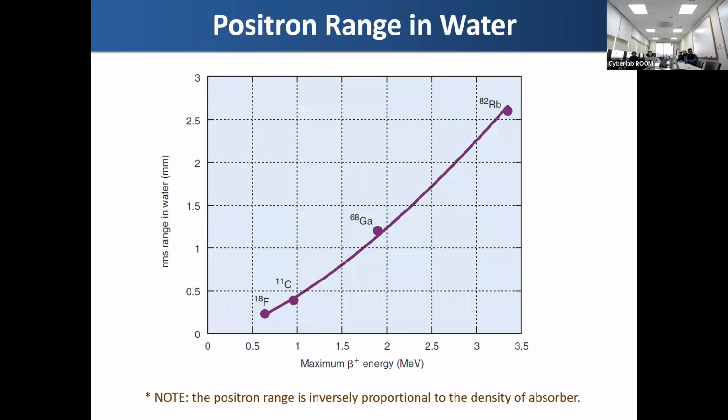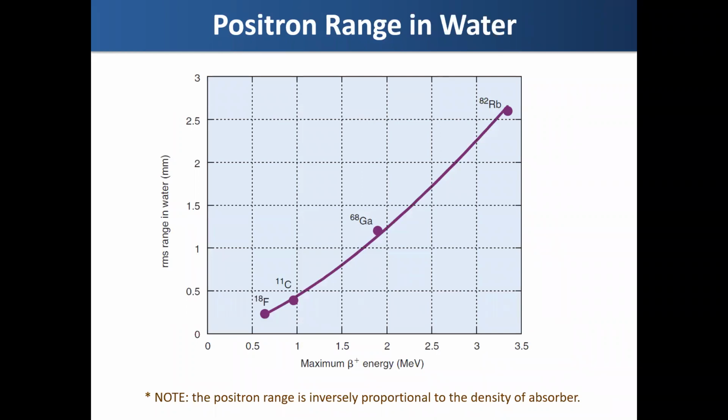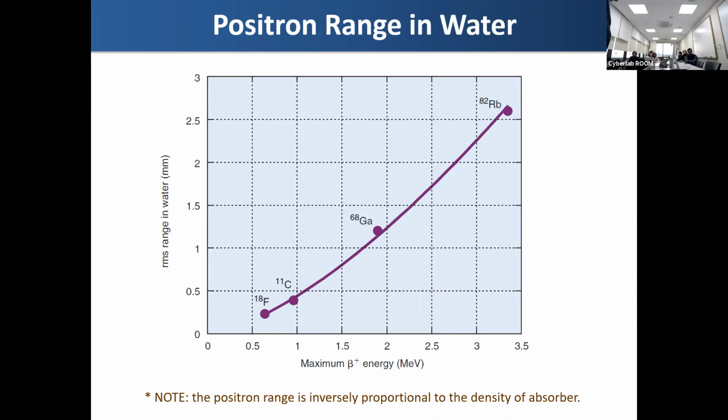And this is the relationship between the maximum positron energy and the positron range in terms of the ultimate scale. As I said, the rubidium has the higher maximum beta energy and longer positron range.